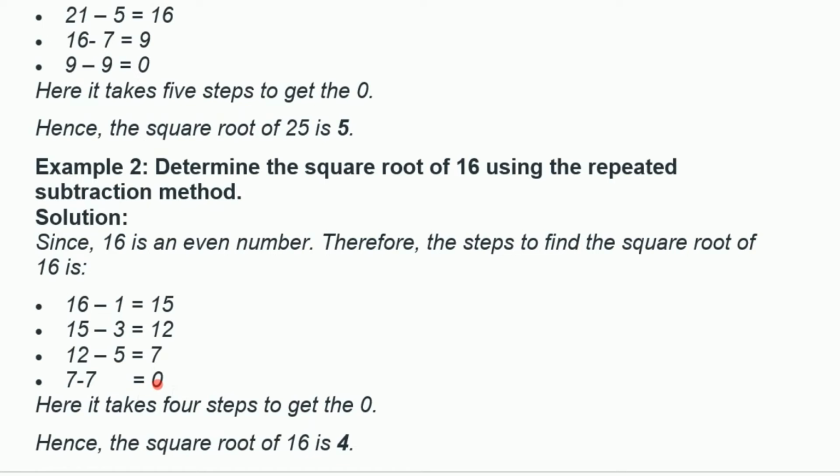And 7 minus 7 is 0. Counting the steps: 1, 2, 3, 4. It took 4 steps to get 0. Hence the square root of 16 is 4.